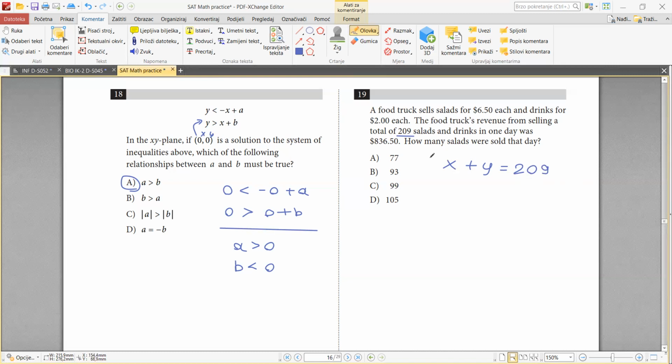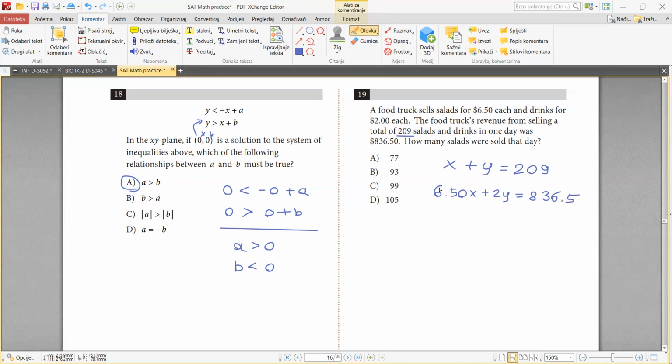And second equation is related to the cost of salads and drinks. So 6.50x plus 2y equals 836.5.